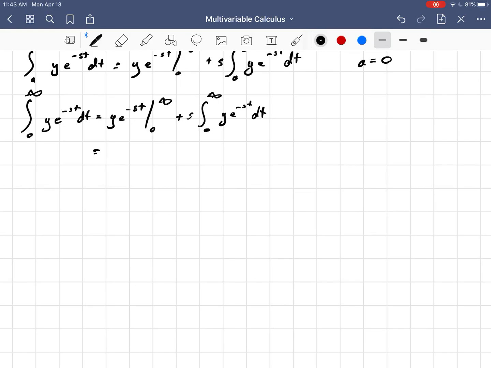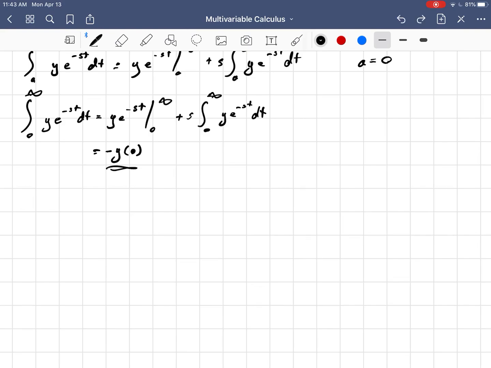So if we evaluate this stuff, we plug in infinity on this first bound and we're going to get 0. And then we put a negative because we're subtracting, because it's the second bound. We'll just call it y of 0.